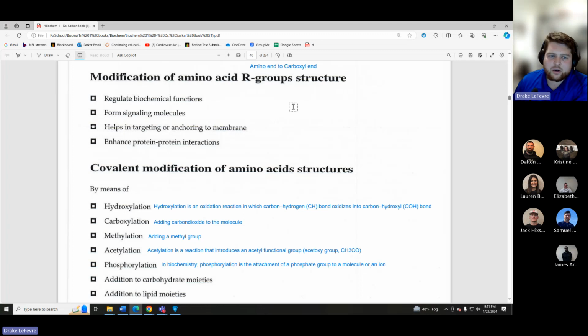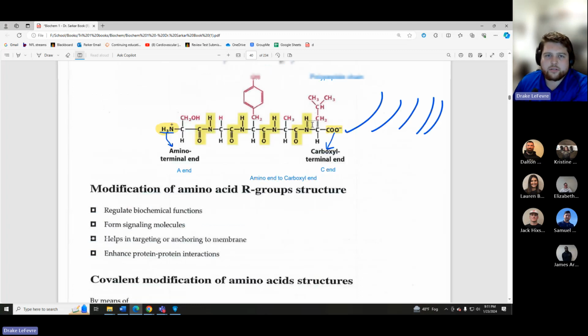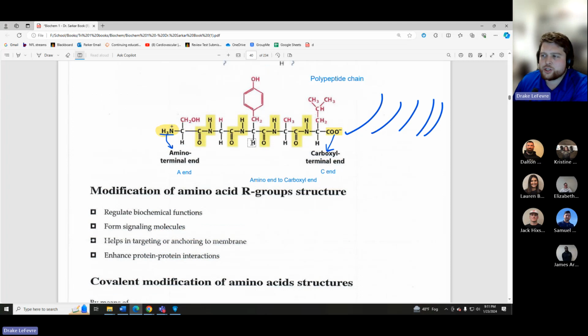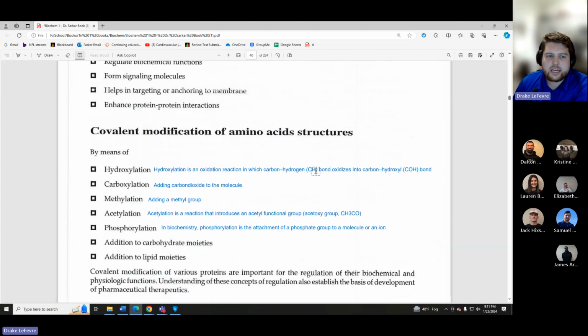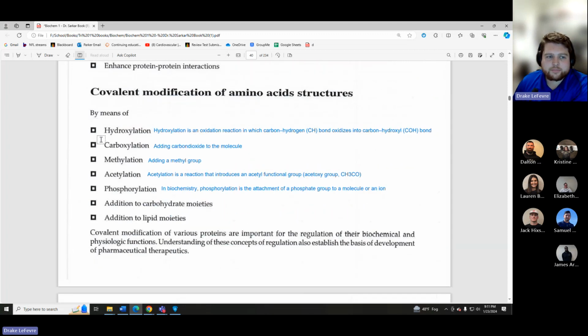Modifications mean adding or taking something away from the R group to change its properties, to change what it's doing, to help it do whatever job it needs to do. There's a whole bunch of them here. The ones that I have definitions for are the ones you'll want to remember.